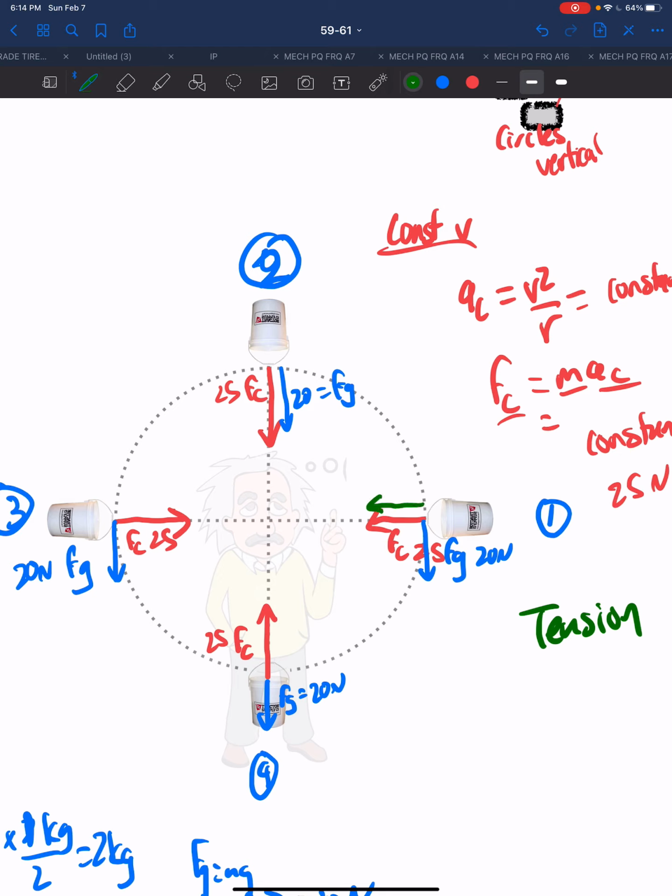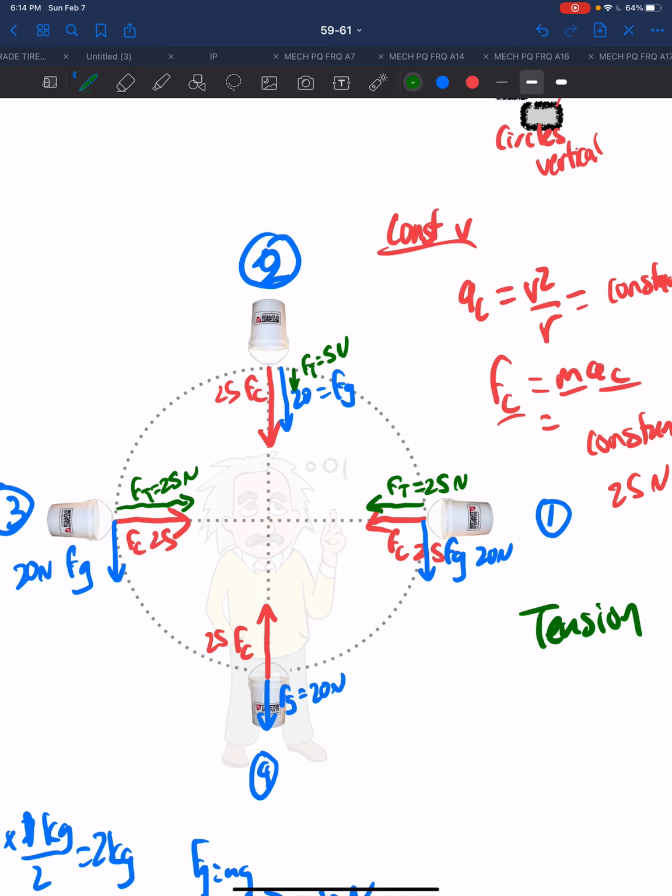So that means the force of tension is 25 newtons here. For the same reason, at location 3, the tension will be 25 newtons. At the top, if gravity is already contributing 20 of those 25 newtons, then the tension is only going to be 5 newtons.